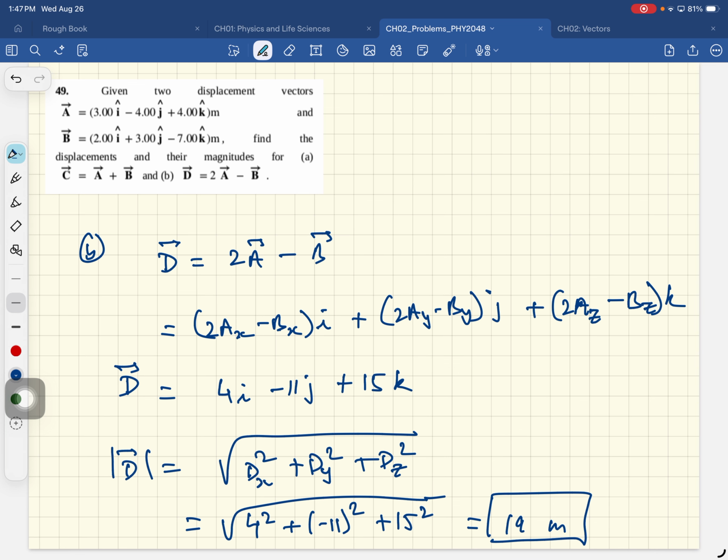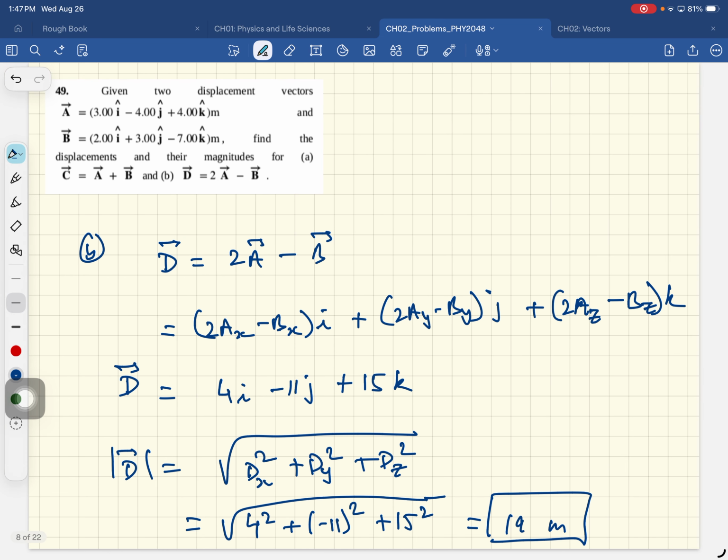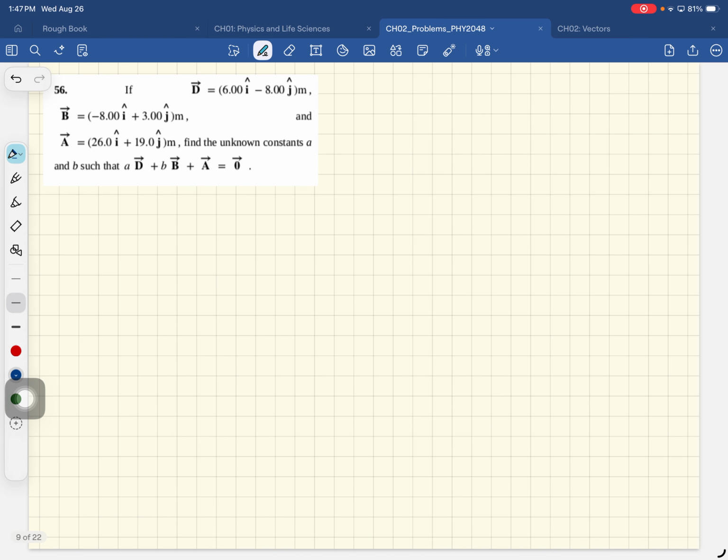Does anybody want me to solve this, or you guys got it? Okay. So one way of doing this is, we'll get this coefficient to be the same. So we'll multiply this by 4 and this equation by 3.